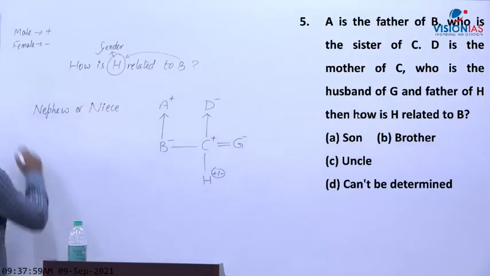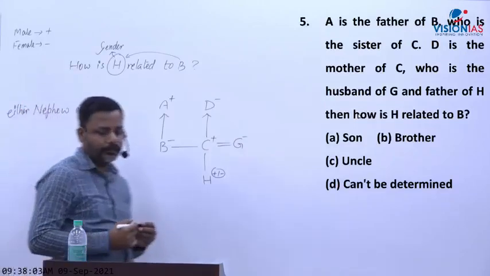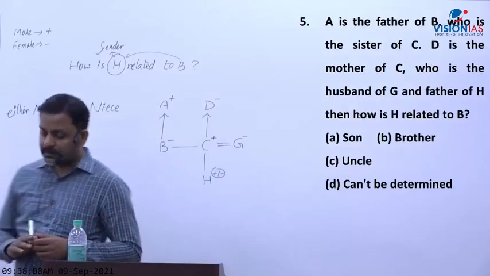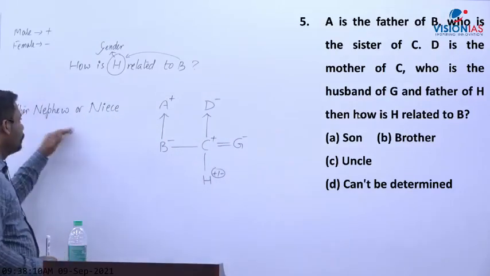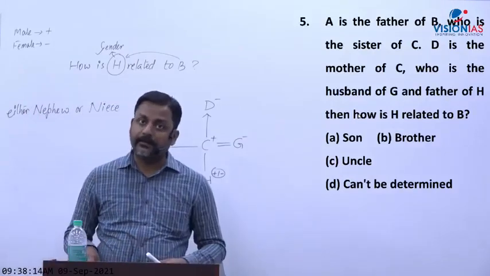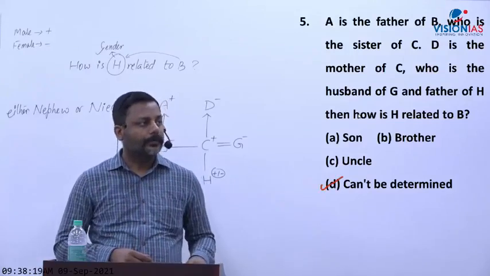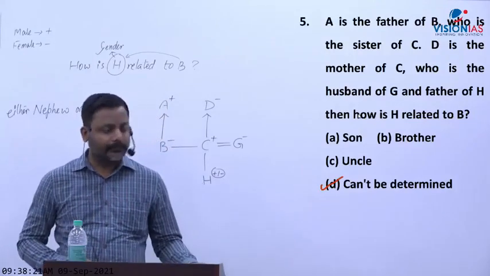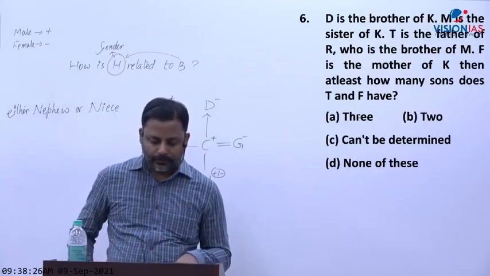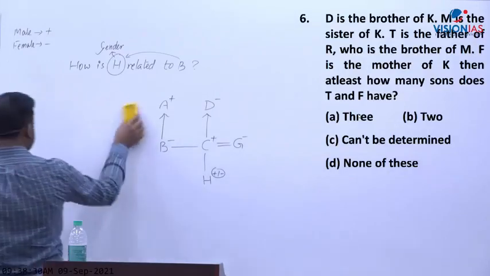So our answer will be either nephew or niece. So since we are getting answer in either or, and this option is not there, in that case we will answer cannot determine. So, good. You all answered the same. That is cannot determine. Okay. Let's move to question number 6 now.